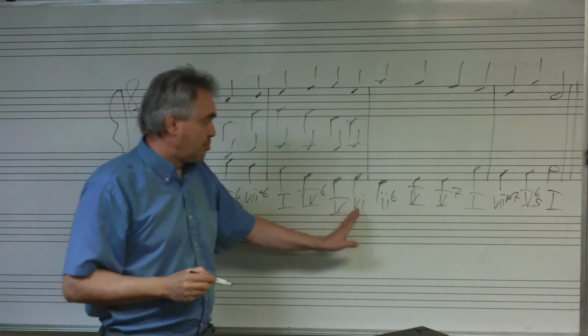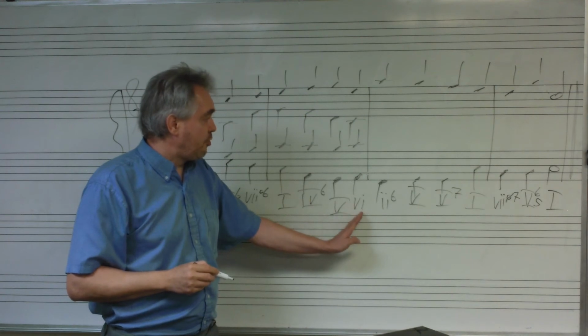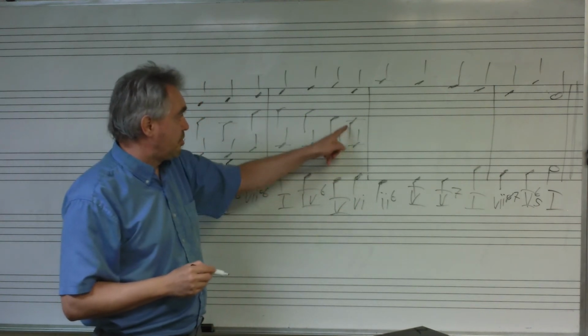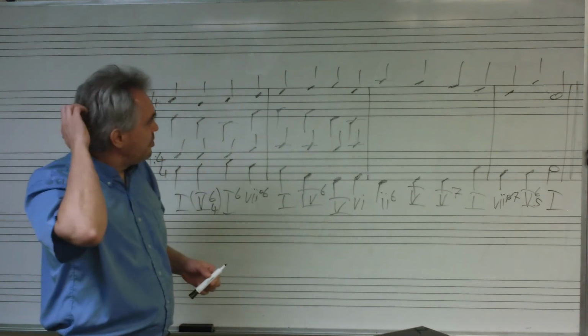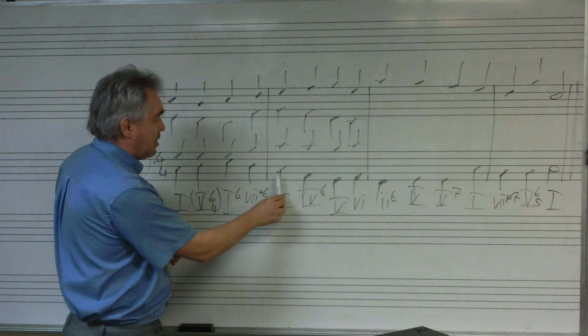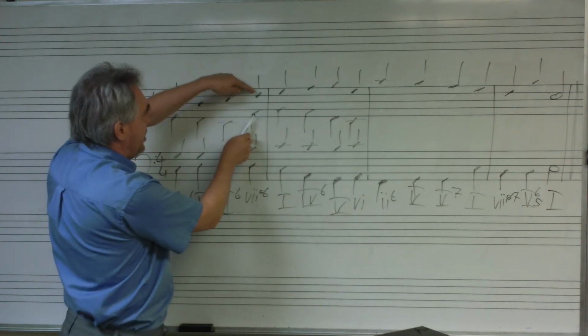In fact, in a Roman 6, especially coming from 5, it is preferred to double the third, the C, in Roman 6, and it automatically avoids parallels. But now we stopped here with our error detection. So let's pick up here.